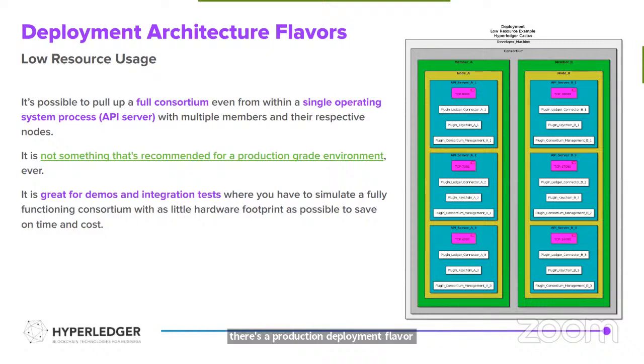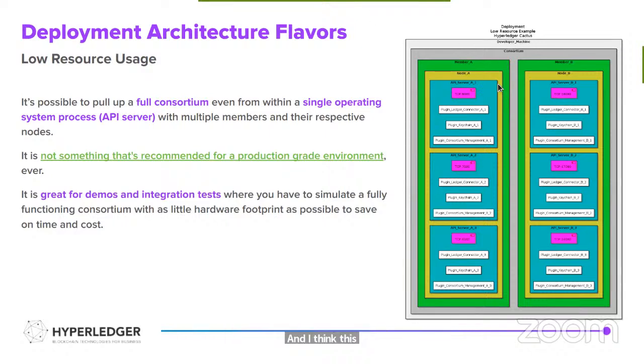There are many other possible setups, but these are the two that I would like to call out. One, the low resource usage one for development locally, so that you can simulate something close to a production environment, but with minimal hardware resources. And then a production example, which is an actual production example.